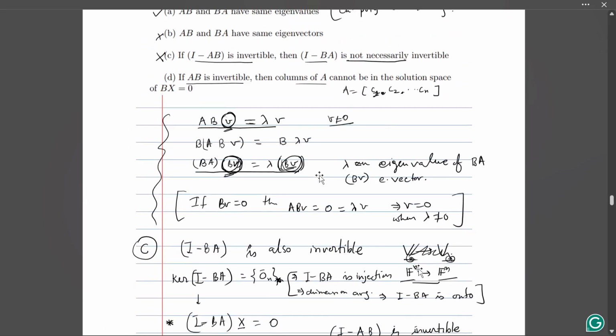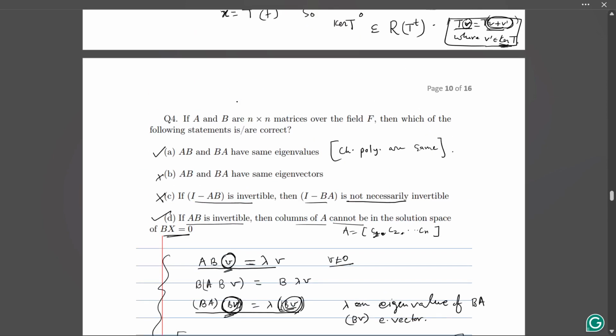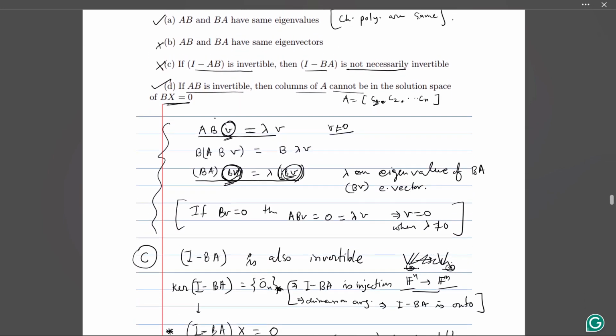So what D says, columns of A cannot be... This is correct. They cannot satisfy this equation, Ci, because A and B are N cross N matrices. Here M is equal to N, so B is invertible.